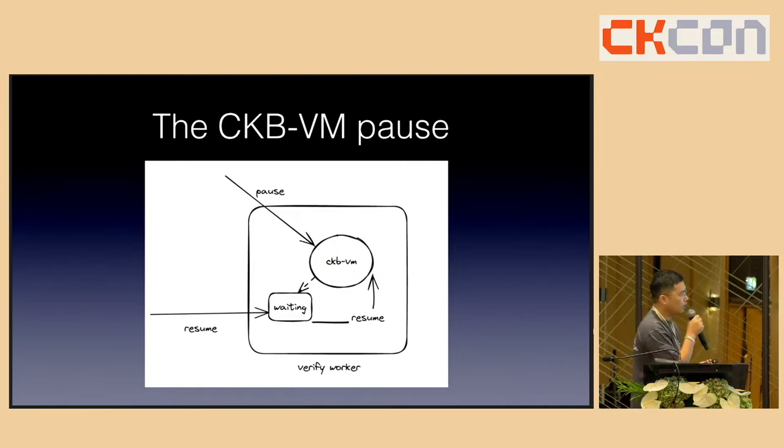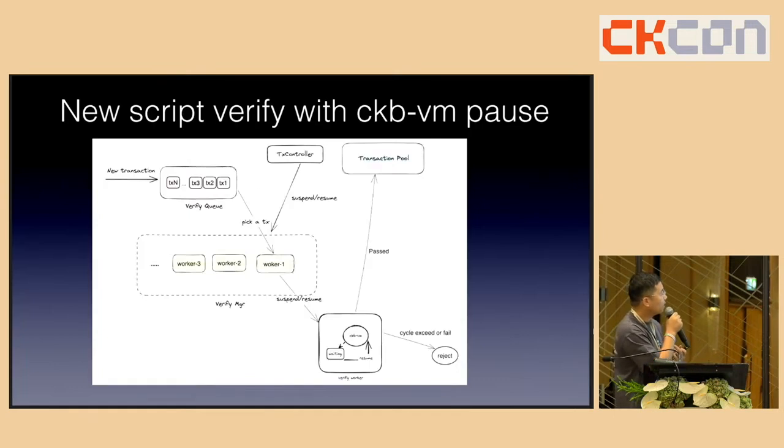When the resume signal comes, we will clear the pause flag, then resume the CKB VM. So you can see the CKB VM is still in memory. We don't need the snapshot. We don't need to store the cycles. So this enables us to design a new script verification.